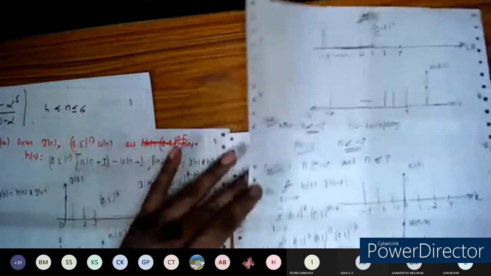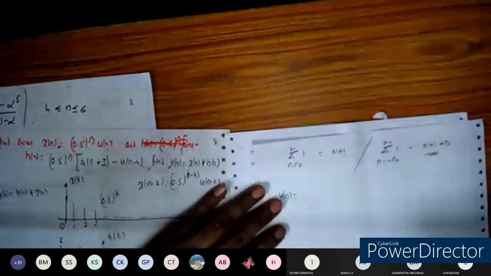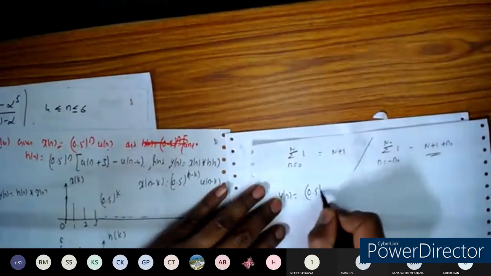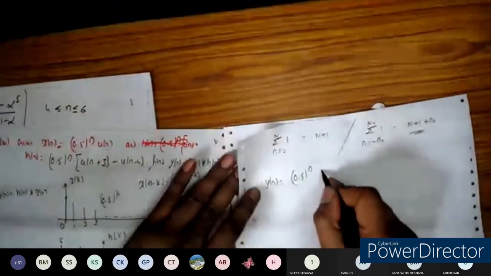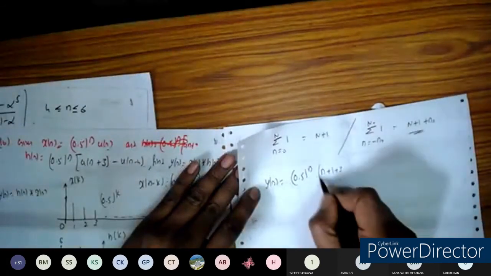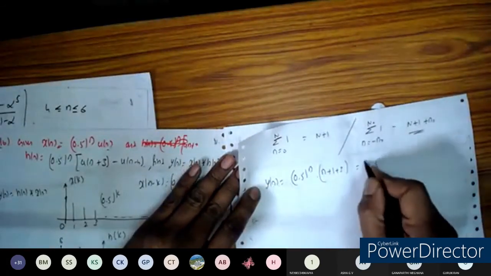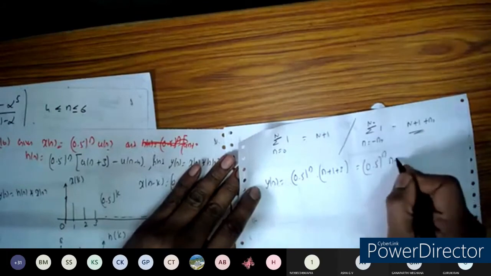So this is 0.5 to the power of n, multiplied by n plus 1 plus 3. So this becomes 0.5 to the power of n into n plus 4.